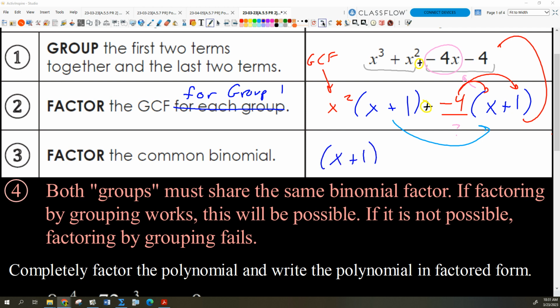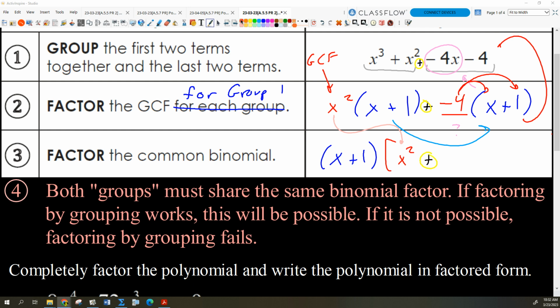Well, we get x plus 1. Now, what's going to be left behind? From the first group, if I undistribute the x plus 1, what's left behind? X squared. Whoops. Okay, I've got my plus sign that joins the two groups.